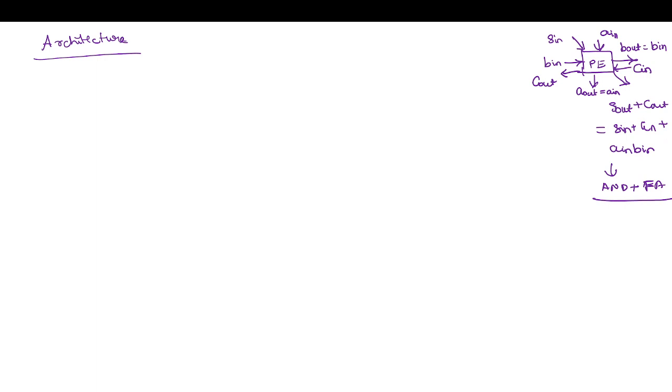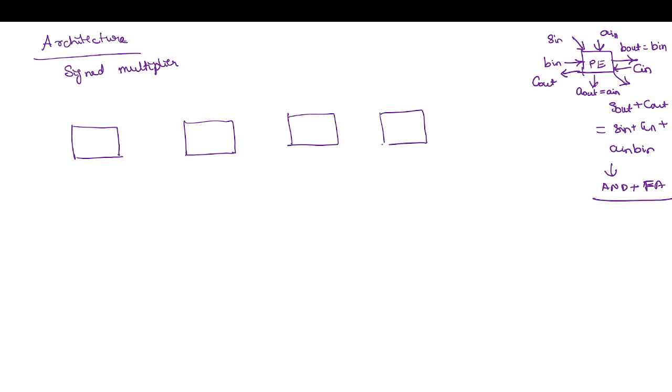So now this signed multiplier is the same architecture I want to implement. So 4 cross 4, there will be a total of 16 such processing elements. So this architecture is also called the systolic array architecture.